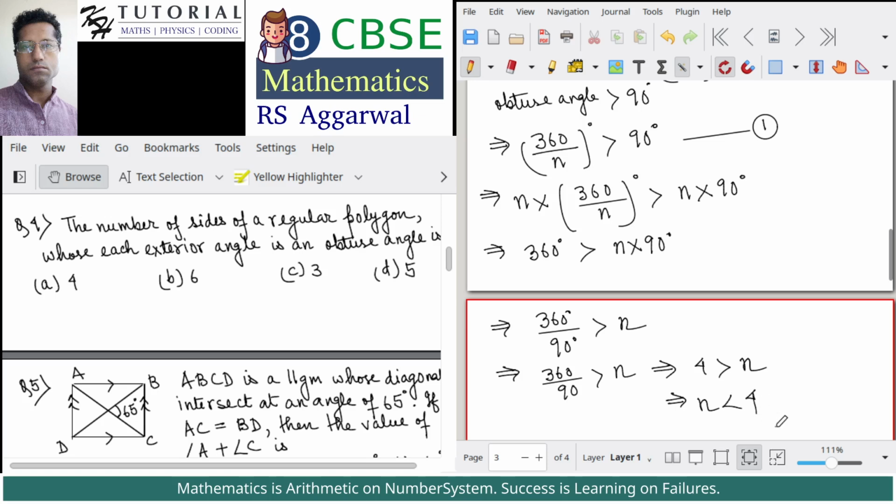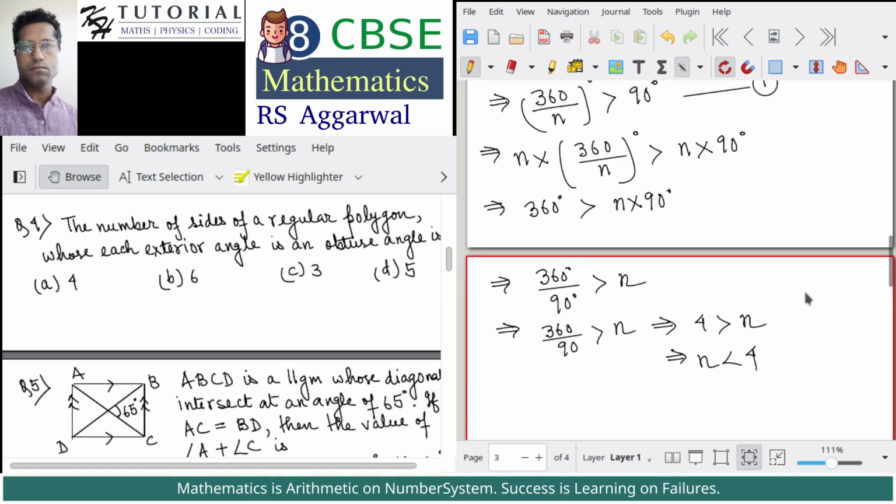Now what is n? n is the number of sides of the regular polygon. We know that the minimum number of sides in a polygon is always 3. So n is greater than or equal to 3, and we have found that n is less than 4.